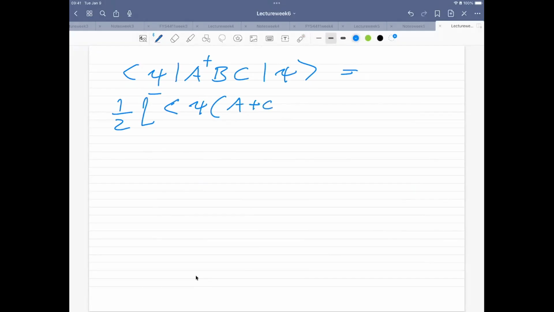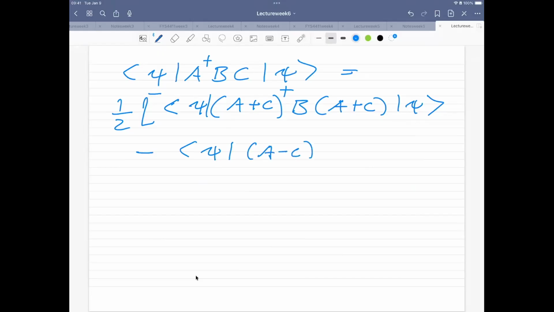So I have A plus C complex conjugate times B times A plus C times psi, and minus... so if you just write these terms out, you will see that you get back to the expression which we have on the left-hand side. It's not so difficult to see that.